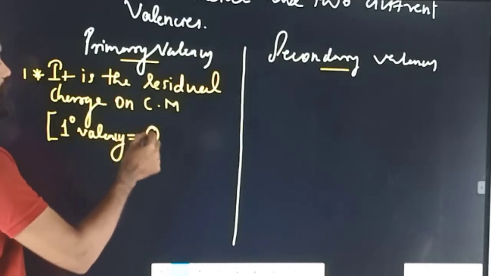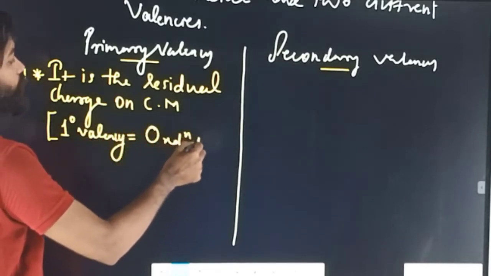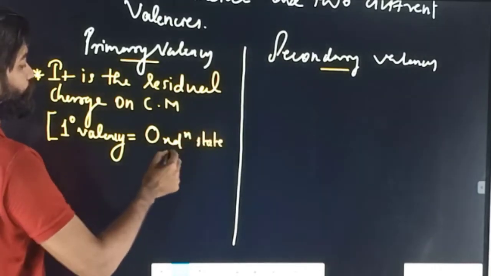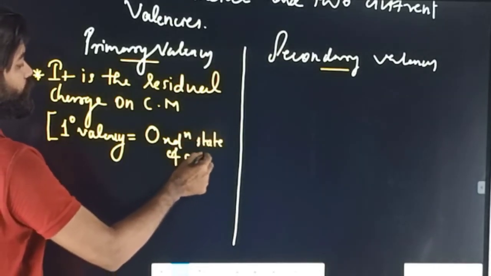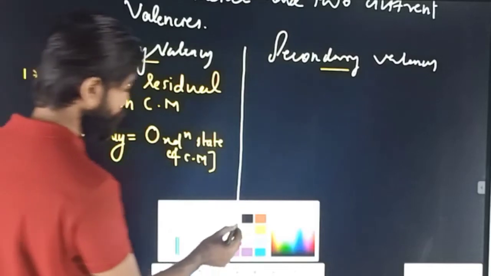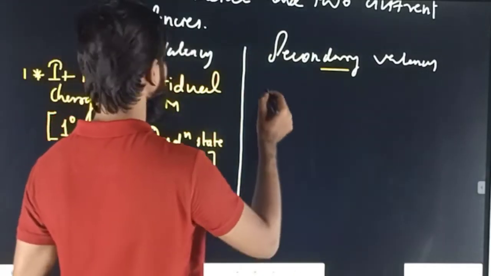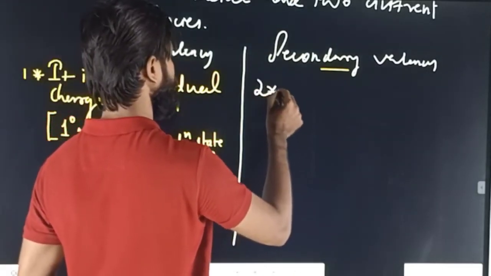Residual charge means it is equal to the oxidation state of the central metal. Then what about the secondary valency?